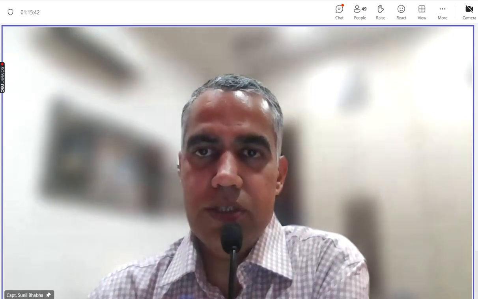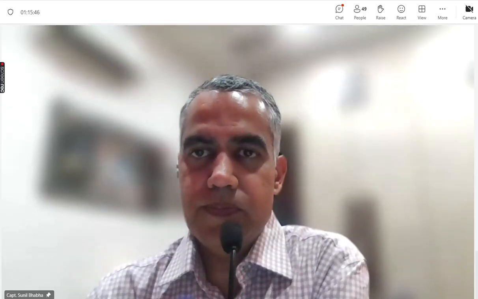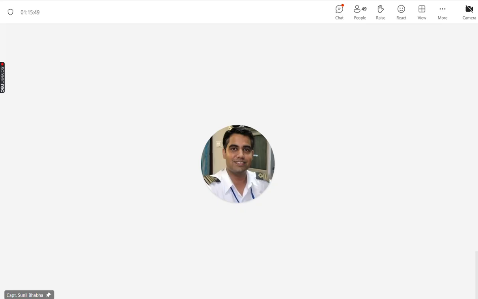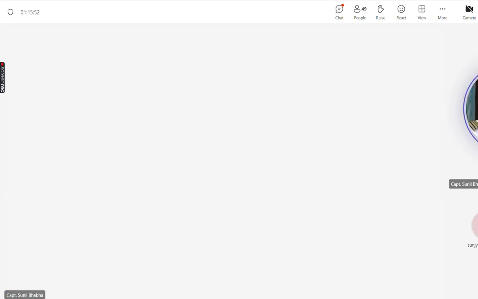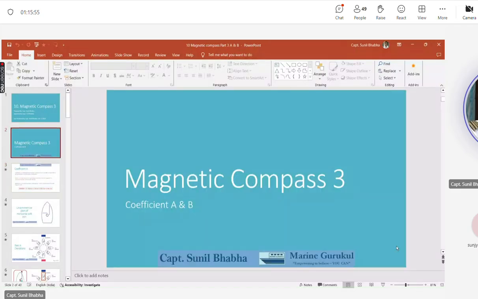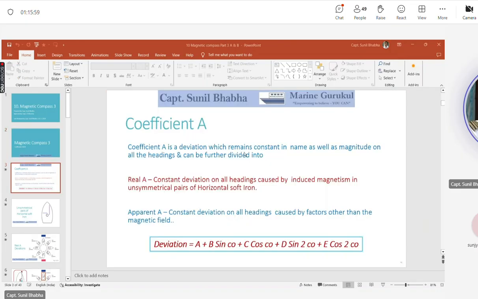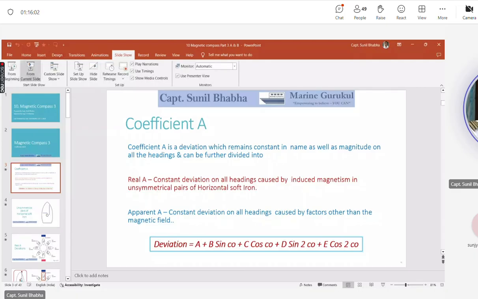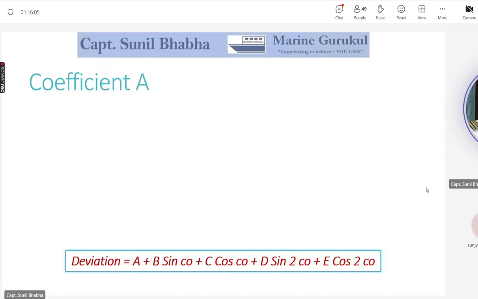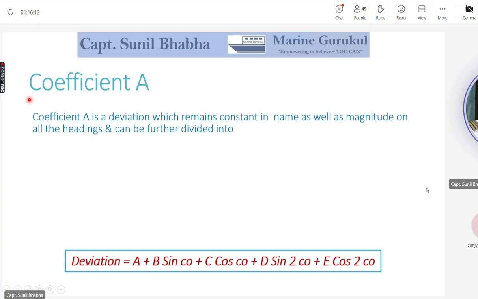So let me put up the presentation. Let's now go into our first coefficient, that is coefficient A. Coefficient A is a deviation which remains constant in name as well as magnitude on all the headings and is further divided into two parts.